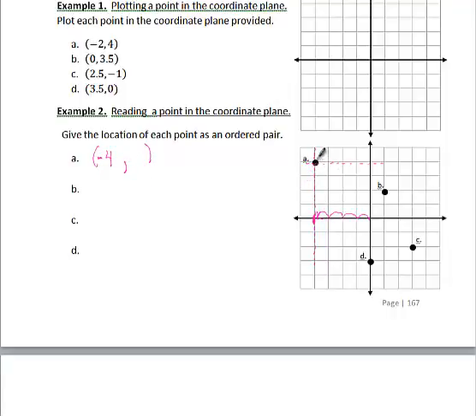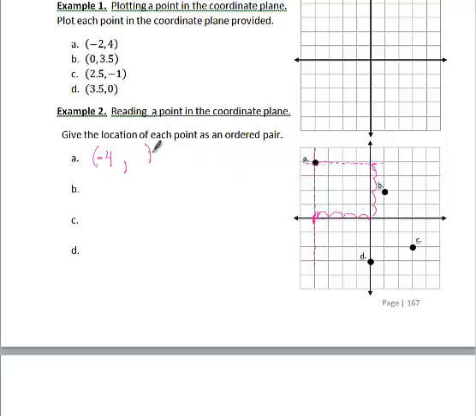Okay, what is the position of A with respect to the y-axis? So we look at this horizontal line projected over to the y-axis, and we start at the origin and we go up 1, 2, 3, 4 to get to this location.